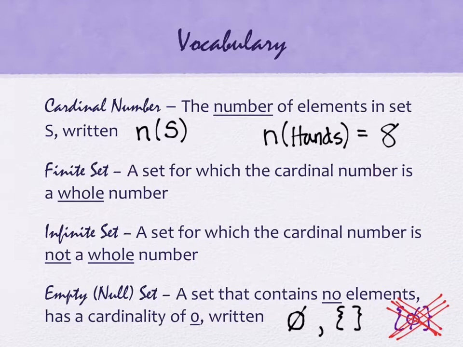It's one or the other. It's not both. Now, I want to make one comment about the way that this is describing it. It's a set that has a cardinality of 0. What that's actually saying is that if I try to do the cardinality of the empty set, the number of items in the empty set, that equals 0. That doesn't equal the empty set. Cardinality means the number of something. Well, the number in it is 0.